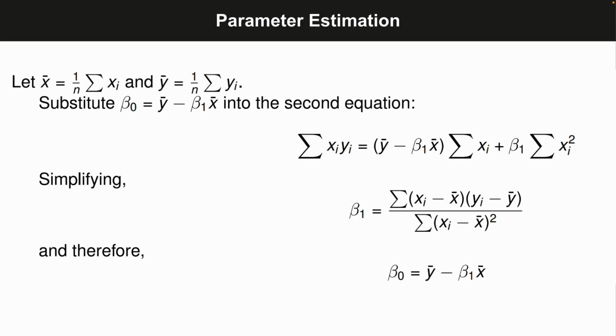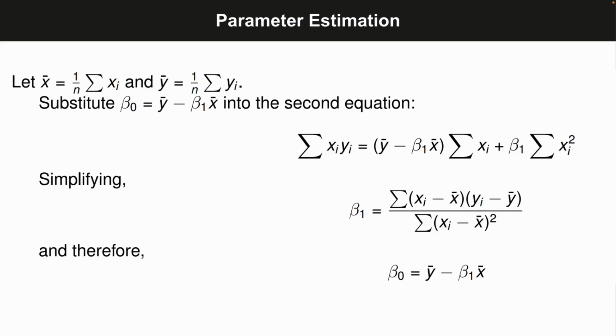If you remember, the first derivation that we did was for beta 1. We determined beta 1 hat, which is given by the sum of xi minus x bar multiplied by yi minus y bar, divided by the sum of xi minus x bar the whole square, which is equivalent to sxy by sxx.